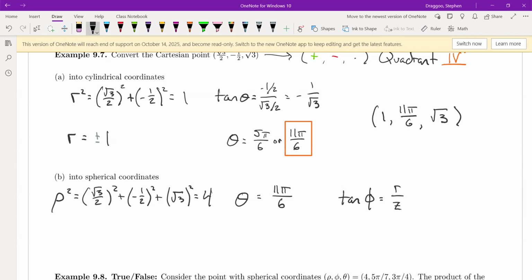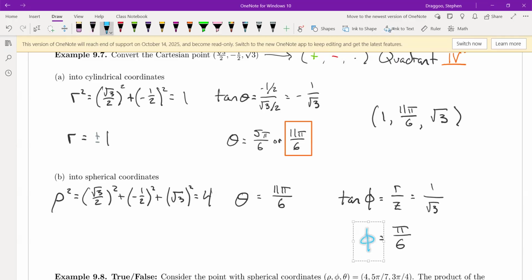I know that sine phi was r over rho, cosine phi was z over rho. So if I do sine over cosine, I'll get r over z. I know that r is 1 and that z is the square root of 3, which means that phi is going to be pi over 3. Nope, pi over 6.